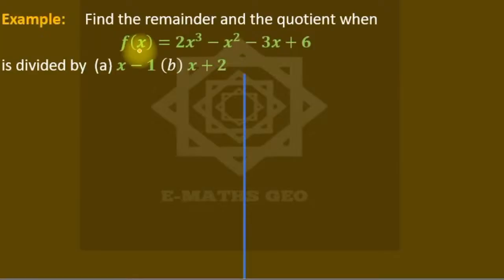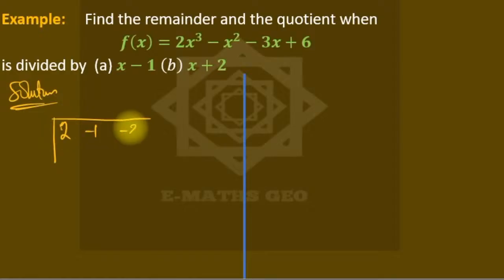They say find the remainder and the quotient when this is divided by that. It's very simple. We'll write the coefficients, using that algorithm now. The coefficients here are 2, minus 1, minus 3, and 6.